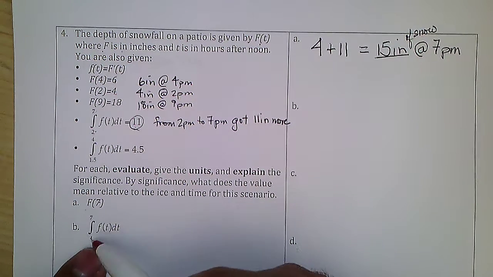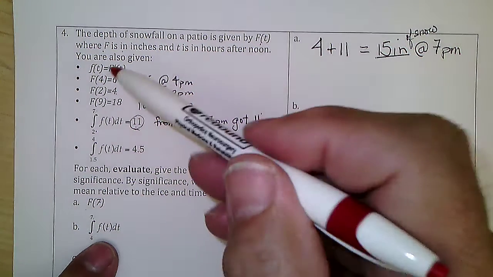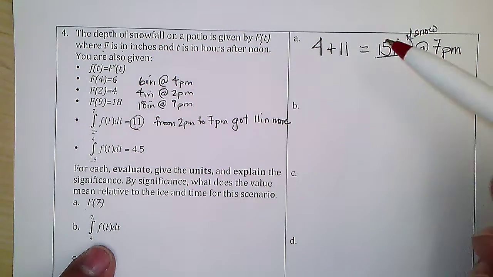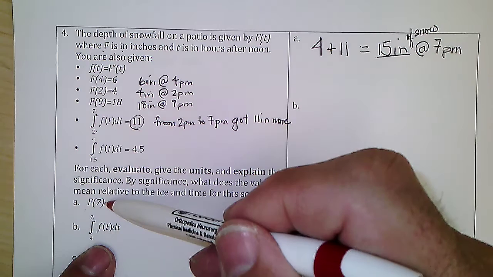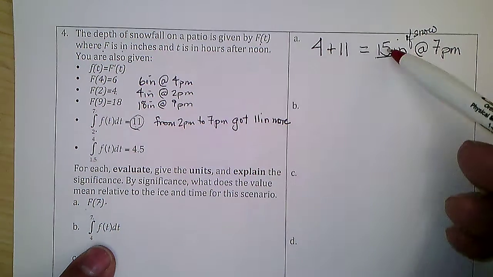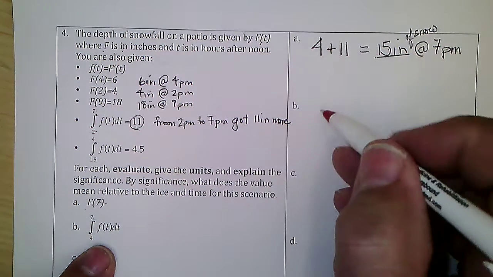B, this says how much fell between 4 and 7. Well, between 4 and 7, 7 had 15 inches, 4 had 6 inches.